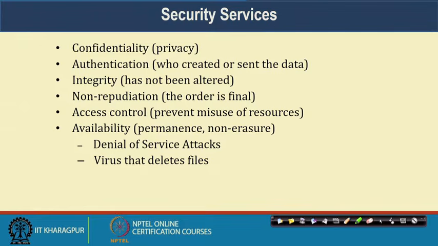These are some sort of DOS attacks. There can be viruses which delete a file, right. This is also an attack on availability. So, there are these different security services which try to prevent this type of attack, like availability is ensured, confidentiality is ensured, authenticity is ensured, etc., access control is ensured, and so on and so forth.